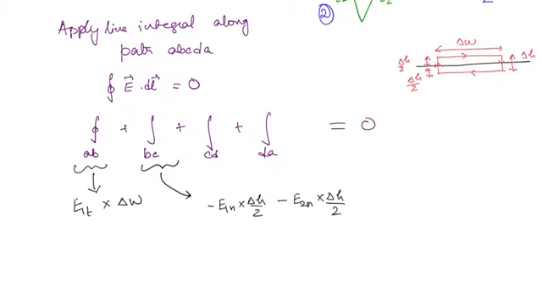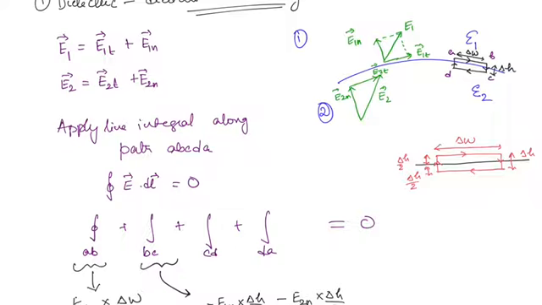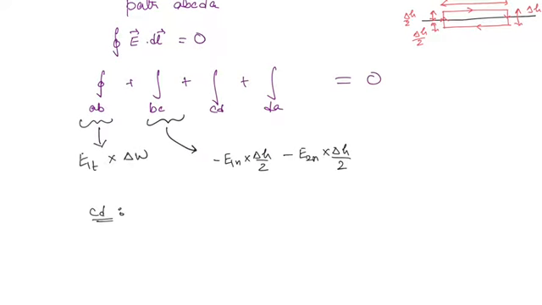And along CD, what will be the line integral? See, the line integral is from C to D, but the tangential component, this is the second medium, right? So E2T will be present, and E2T is in the opposite direction. See, CD is in this direction, E2T is in this direction. So here also you are going to have a negative sign, minus E2T into delta W, okay.